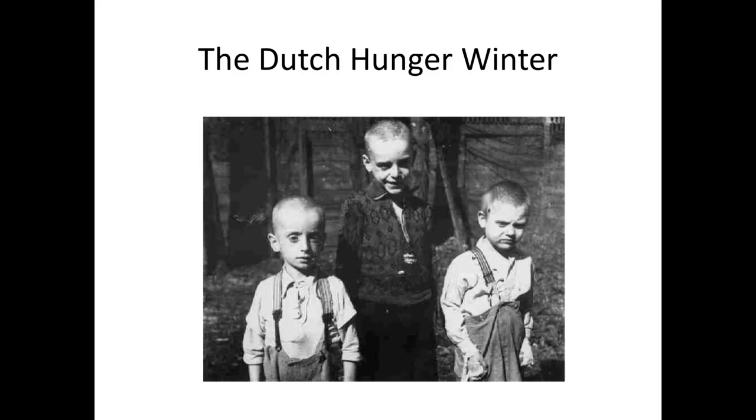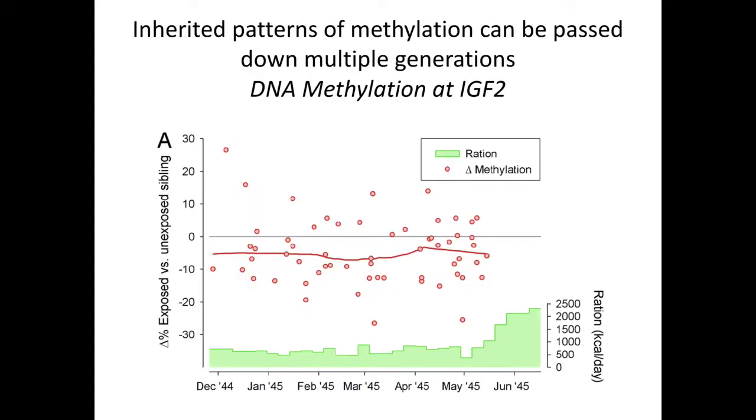And because the canals froze, food supplies were cut off from different parts of the Netherlands. Because of this loss of food supply, there were rations provided to the people living during this time. But there was a significant case of reduced caloric intake for the winter time.